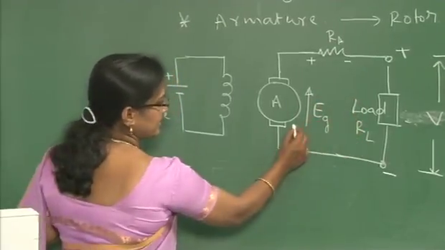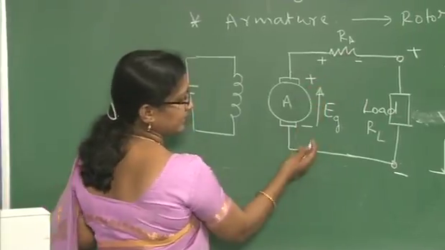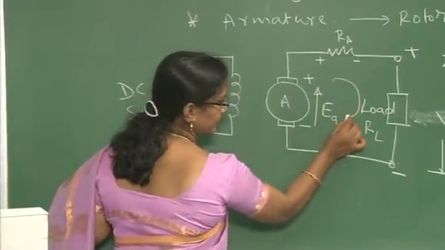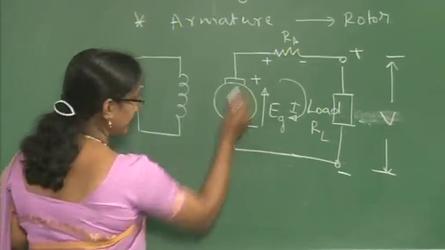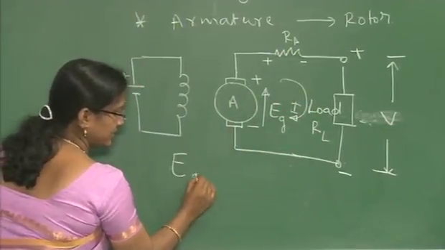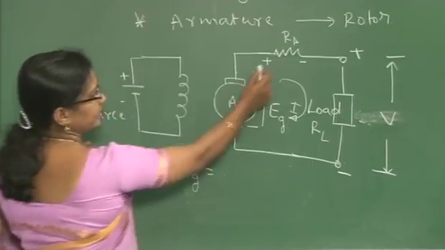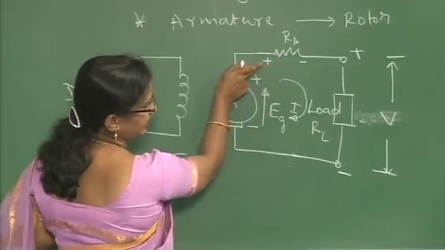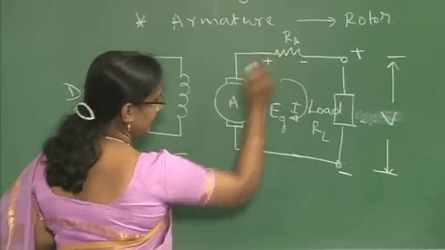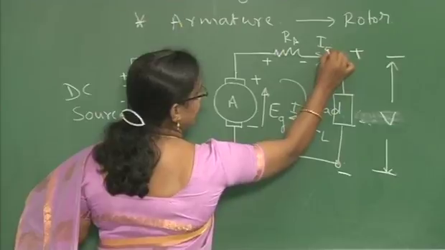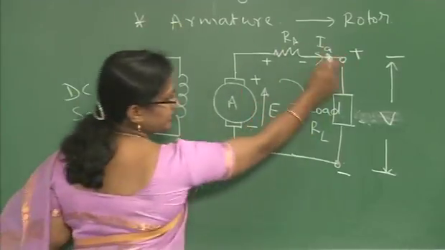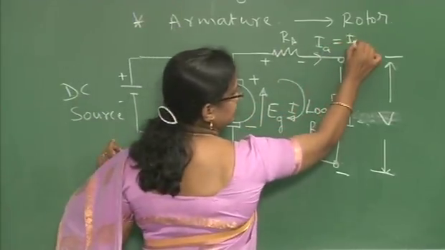Here there is a voltage rise because the current enters at the lower potential and leaves at the upper potential. So this is EG is equal to, where the current enters at the upper potential and leaves at the lower potential. Suppose we consider the armature current IA, that is equal to the load current IL in this case.